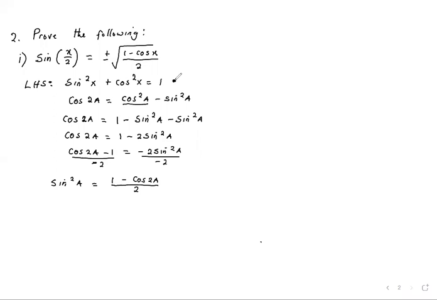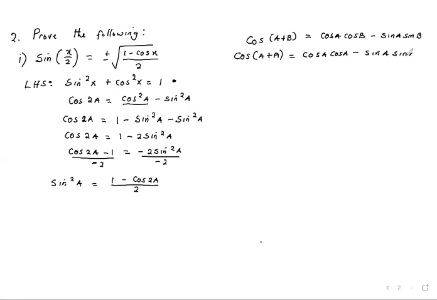Then we did the compound identities, where we said that cos(A+B) is the same as cos A cos B minus sin A sin B. Then if A is equal to B, we'll have cos(A+A), which is going to be cos A cos A minus sin A sin A. But A plus A is the same as 2A, and cos times cos is just cos squared, sin times sin is sin squared.